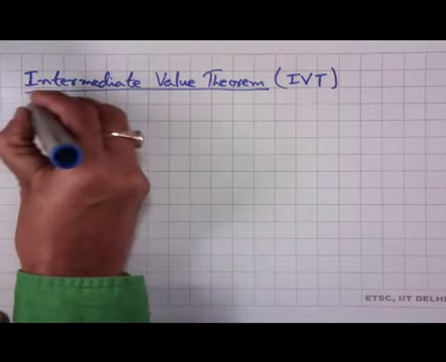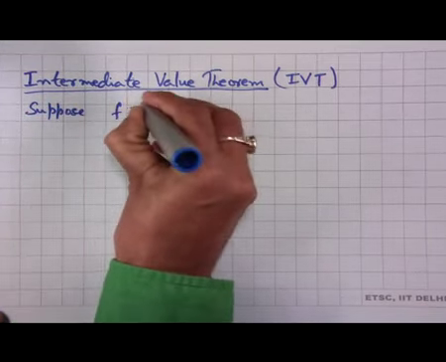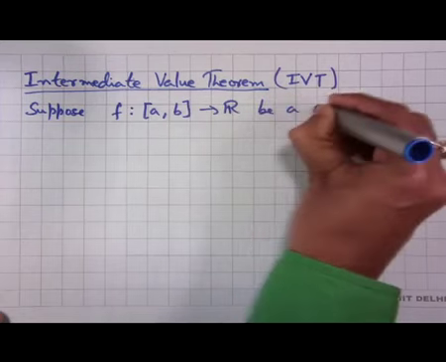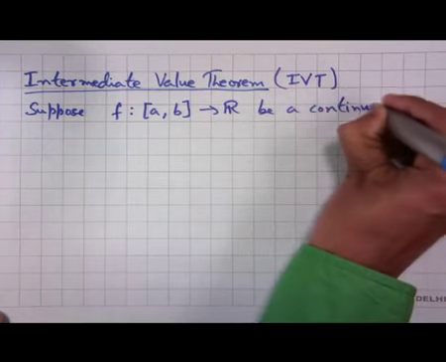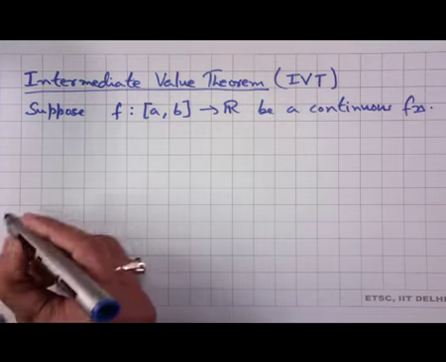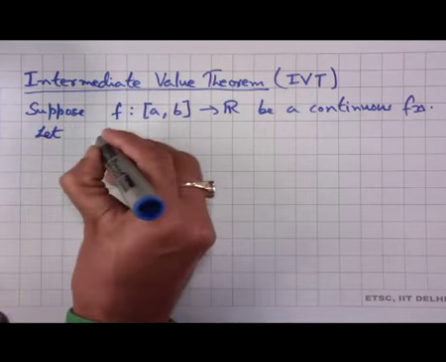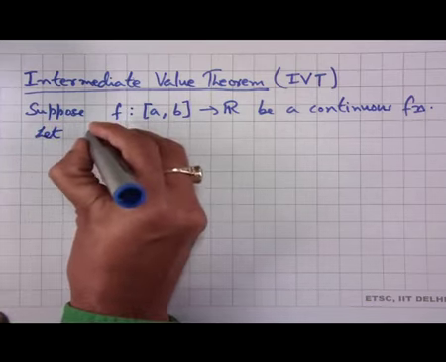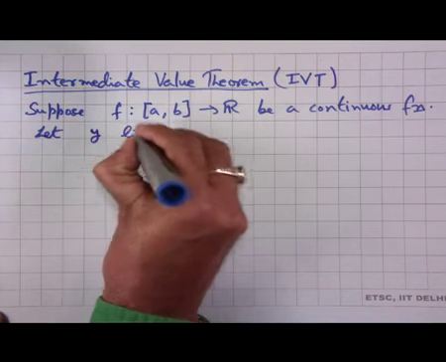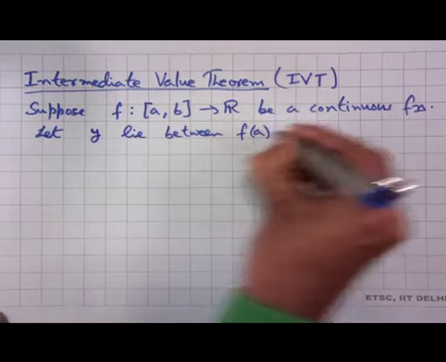Here the assumption is, suppose f from some closed interval a b to R is a continuous function, and let y lie between f of a and f of b.